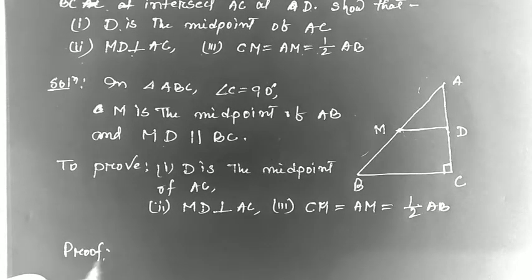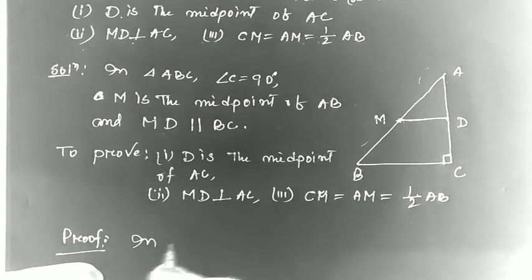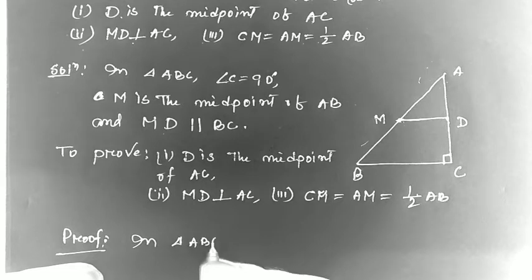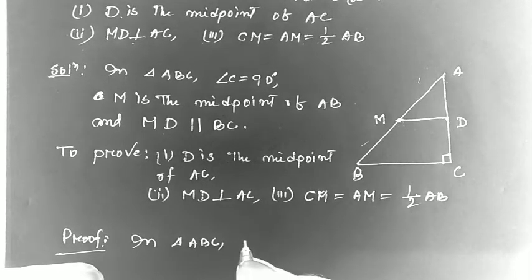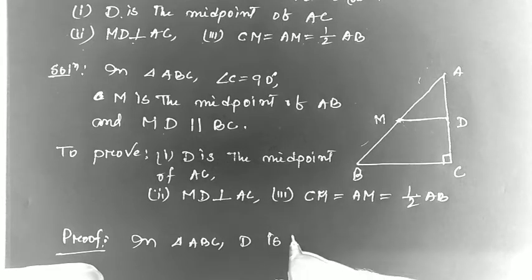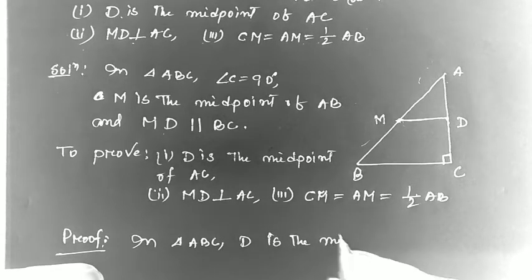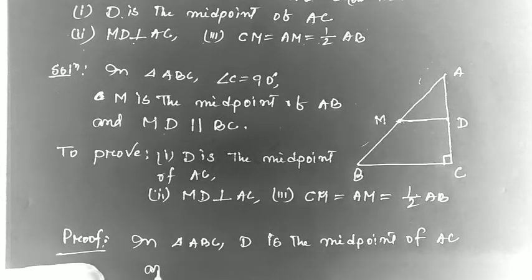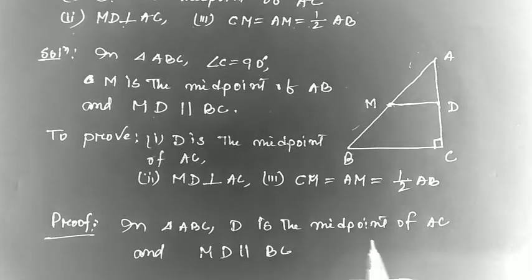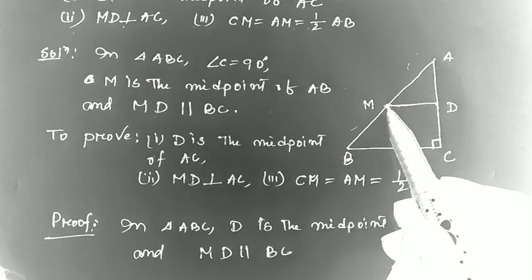These 3 things we need to prove. So first of all, let's see number 1. Proof. In triangle ABC, D is the midpoint of AC, and MD is parallel to BC.